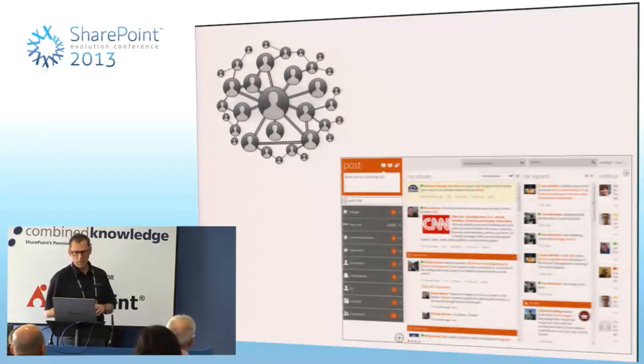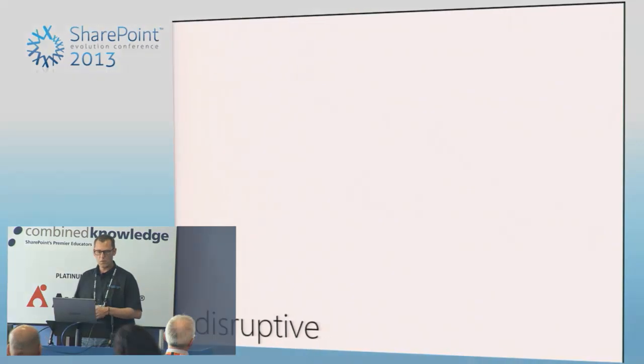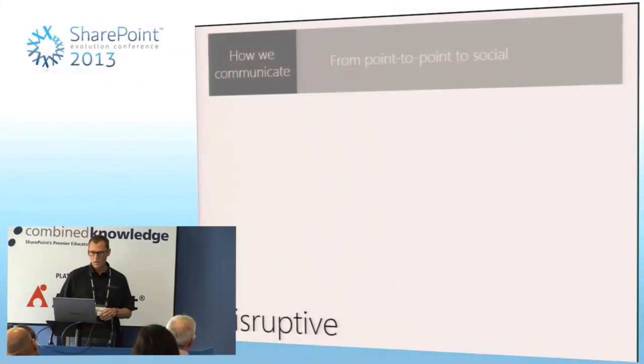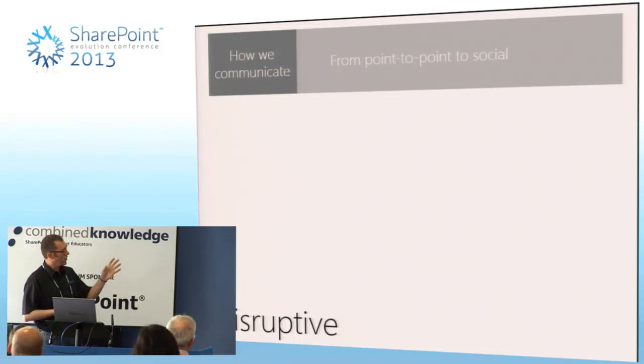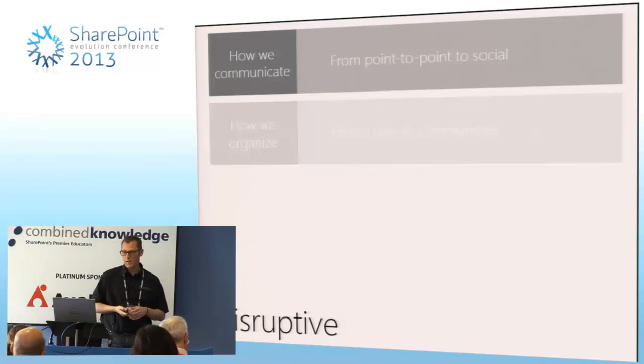So that's a couple of the solutions. In the end, you could say that doing business in a more social way is pretty disruptive, because it completely changes the way people work and organizations are built. It changes the way we communicate, because it's now point to point. It isn't top down anymore. Everyone can communicate with everyone, chime into the conversation and participate.